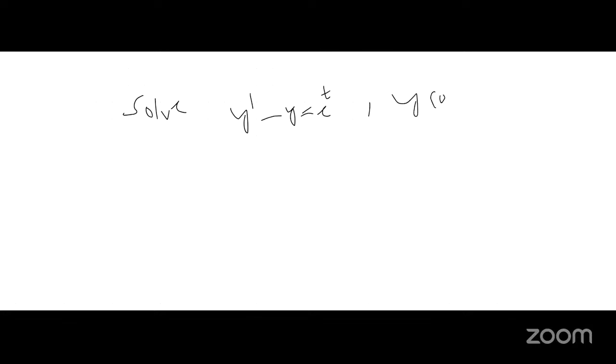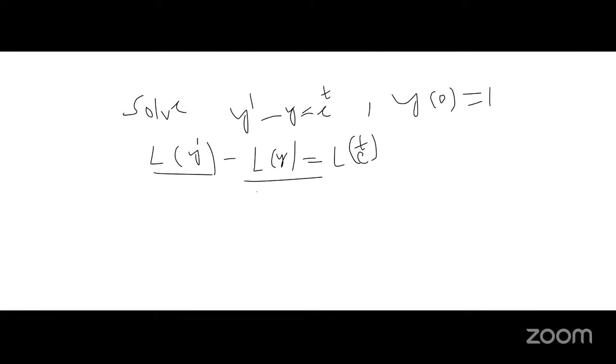So the Laplace transformation of y dash minus the Laplace transformation of y equal to the Laplace transformation of e power of t. So the Laplace transformation of y dash, just now we discussed. So we just have to substitute there, and L of y means that is nothing but y of s.